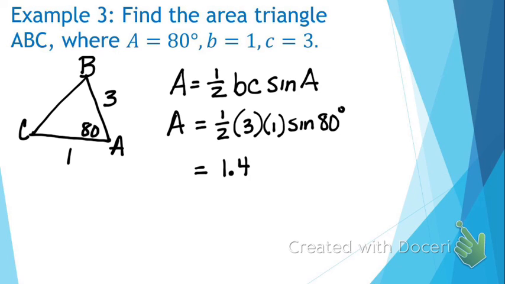You can also convert that 1/2 to 0.5 if that's easier to do in your calculator. But I got 1.77 units squared. Who got 1.77? Wait, what did I say? Yeah, 1.477.